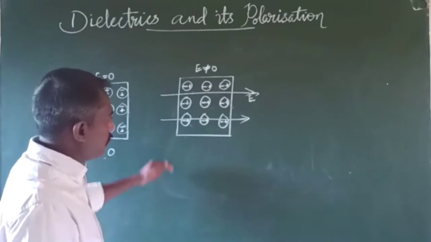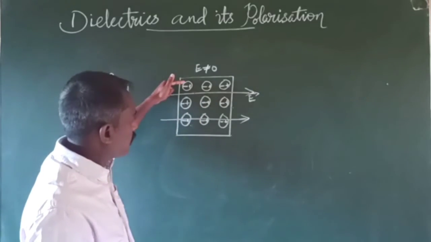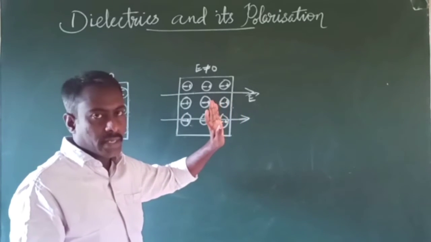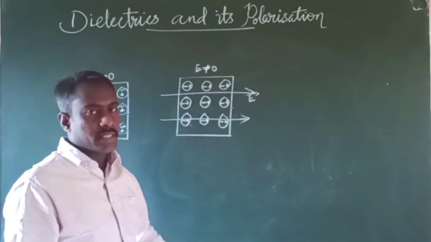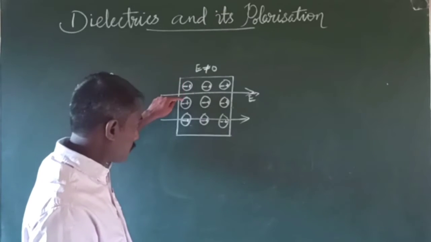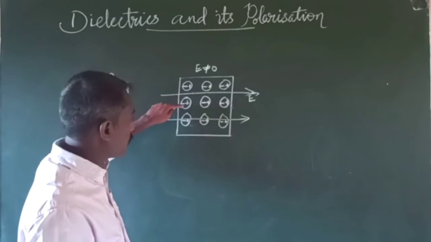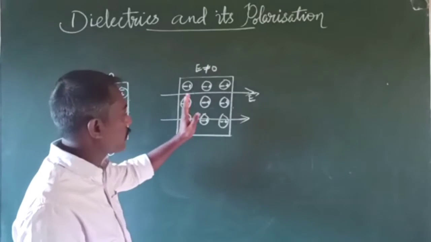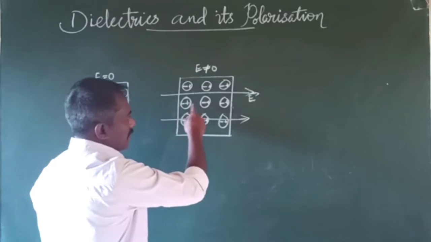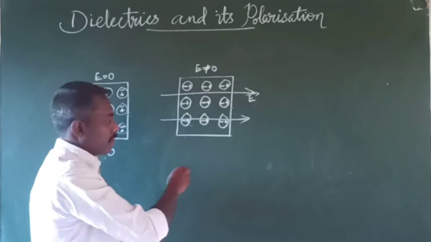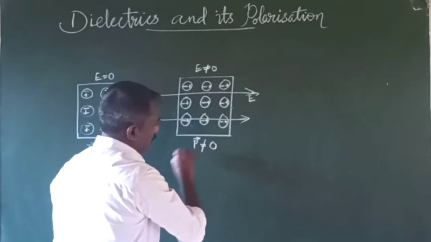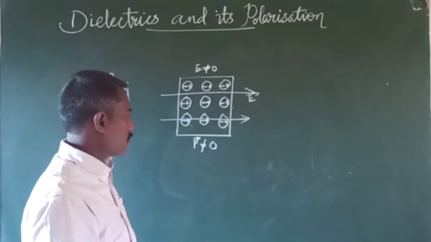When they are aligned on the left and right sides of the dielectric, we say that it gets polarized. We can see the negative and positive charges aligned on both sides of the dielectric. When they are arranged in such a manner, the net electric dipole moment of the dielectric will not be equal to 0.